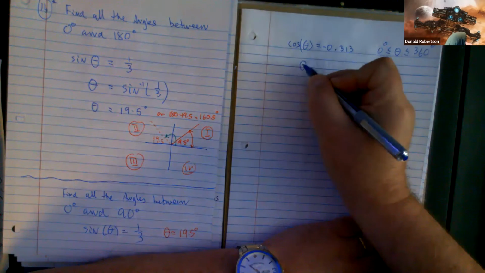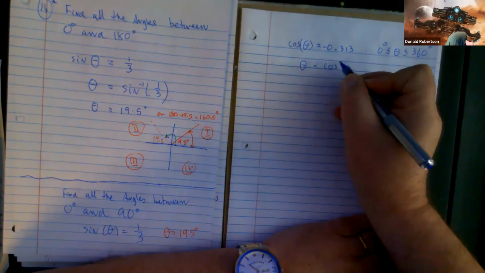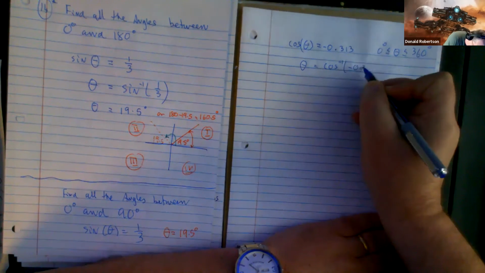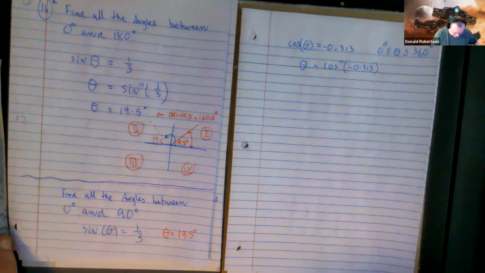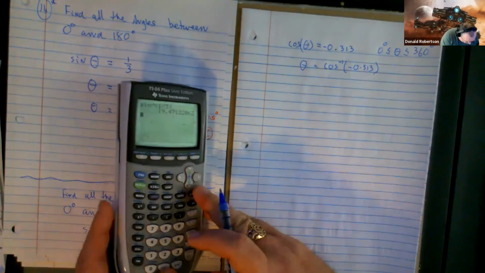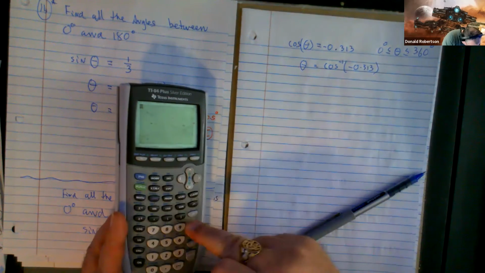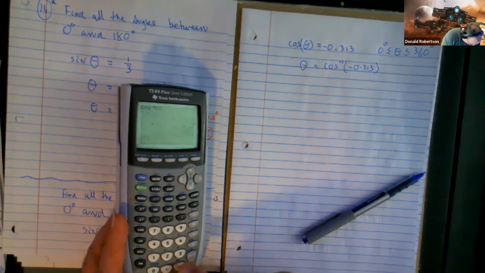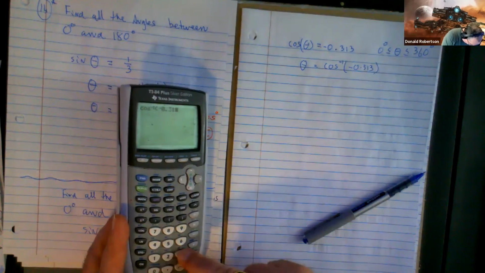Now to get theta, I'm going to do the inverse cosine of that guy. That doesn't really change. So I'm now going to do inverse cosine of negative 0.313.